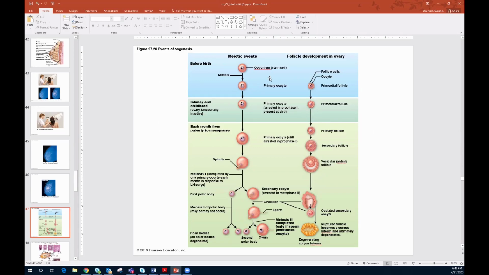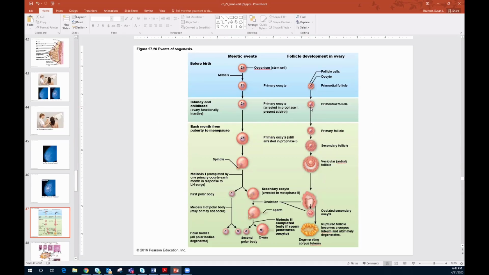So we already understand meiosis in general, so let's go through the difference with females. With the girls, we still have meiosis, but it all happens before you ever step foot out of the womb. As a fetus, all that you have in the world of eggs is all that you're going to have. Mitosis is done.